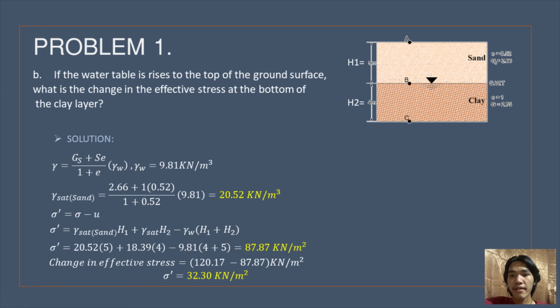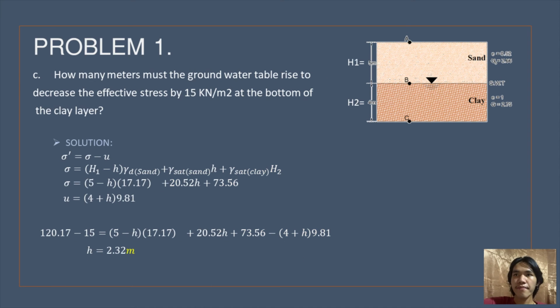So that is 87.87. Now we have the change in effective stress, which is equal to 32.30 kilonewtons per square meter. The last problem is how many meters must the groundwater table rise to decrease the effective stress by 15 kilonewtons per cubic meter at the bottom of the clay.